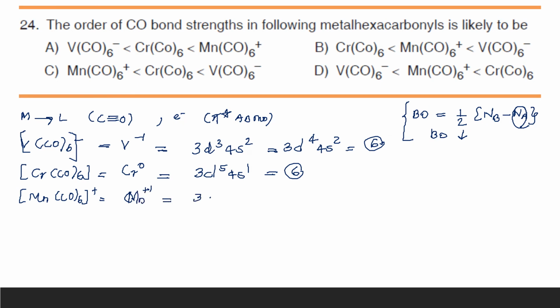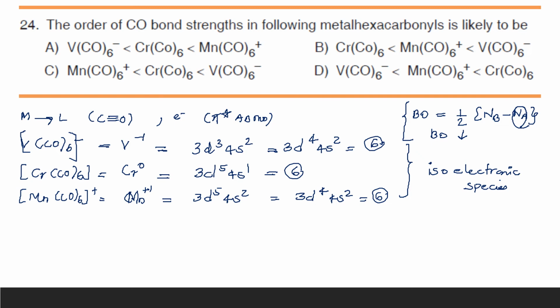The configuration of manganese is 3d5 4s2. Here one electron is less because it is in +1 oxidation state. Therefore, it will be 3d4 4s2. So it also corresponds to a total of 6 electrons. So you can see that these three species have the same number of electrons, or they are isoelectronic species.